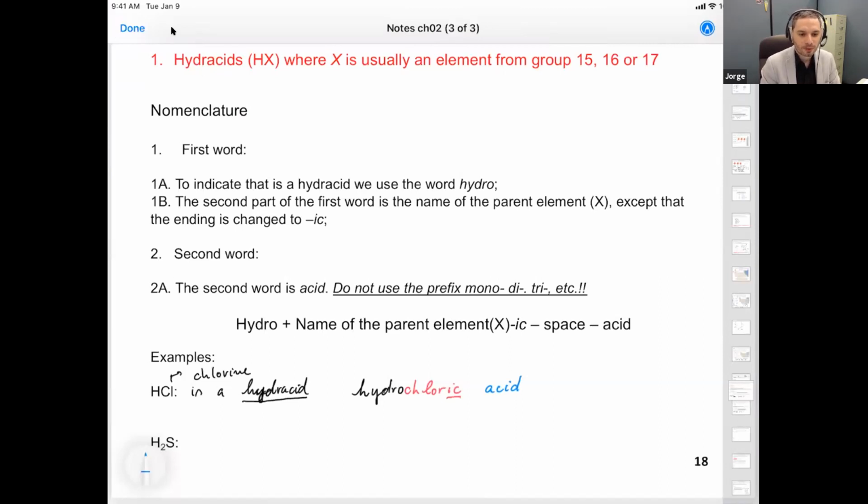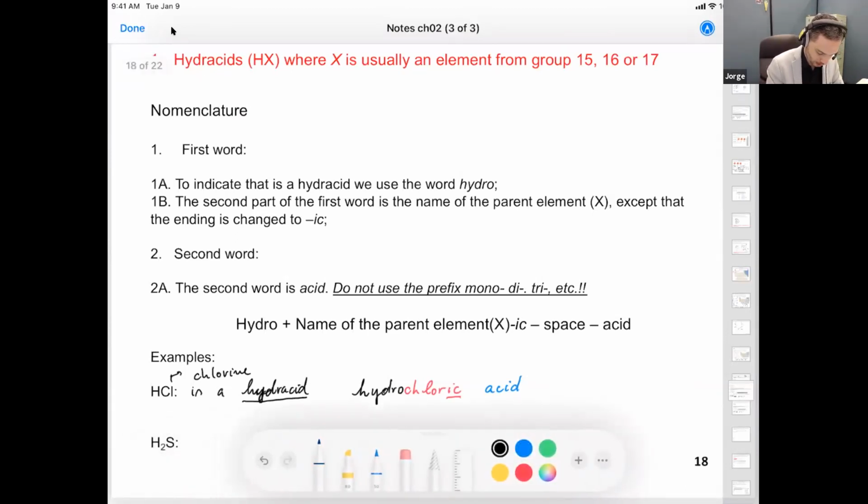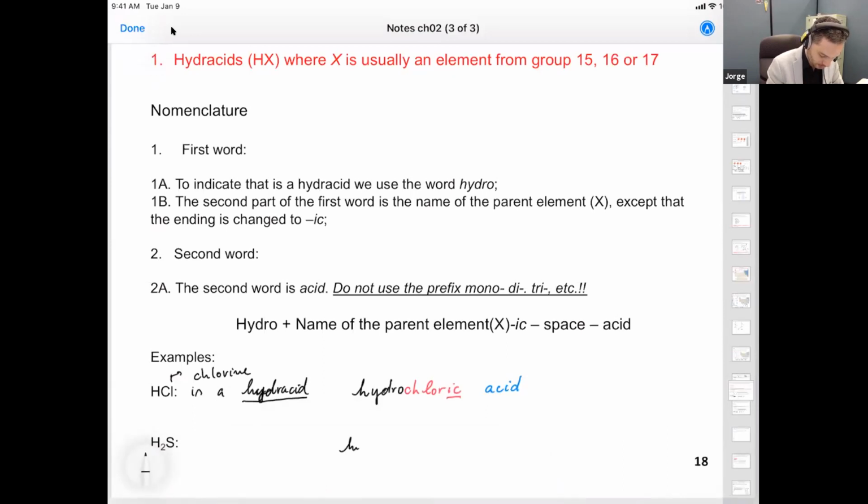Okay, so now let's see H2S. So when you have sulfur, it's a little bit trickier, but you should be able to do it without any problems. First word is hydro, because we have a hydracid.